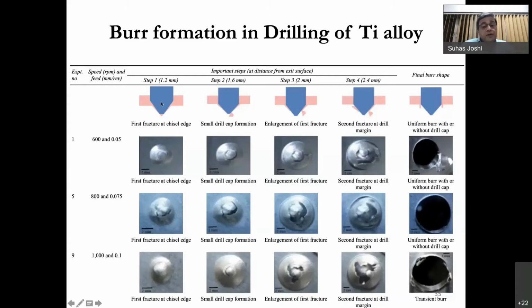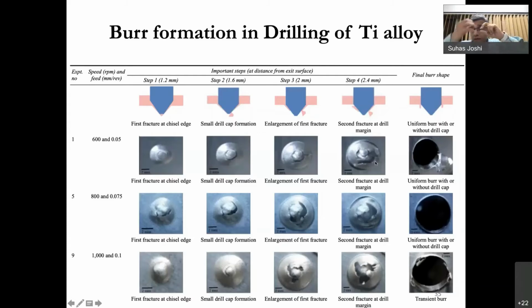While the chisel edge of the drill is coming out, you can see that to a greater extent, while the drill point is inside the work surface, the chisel edge is already out, the drill point is already out, but the cap is getting broken. In this case, you will find that two caps are formed. One small cap, which is around the chisel edge, is formed first.